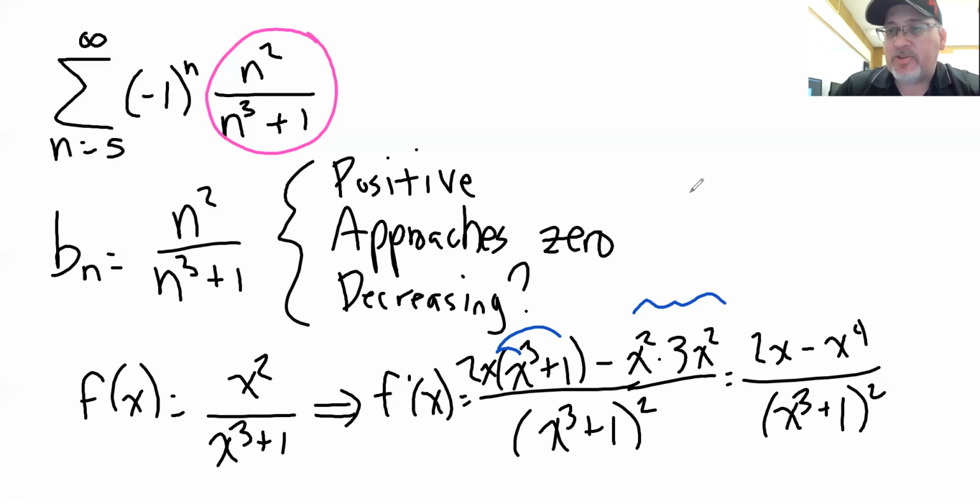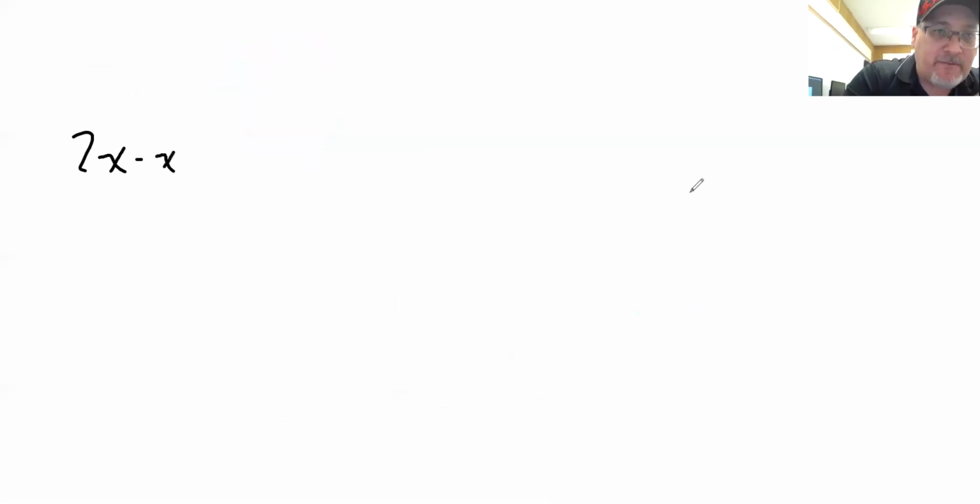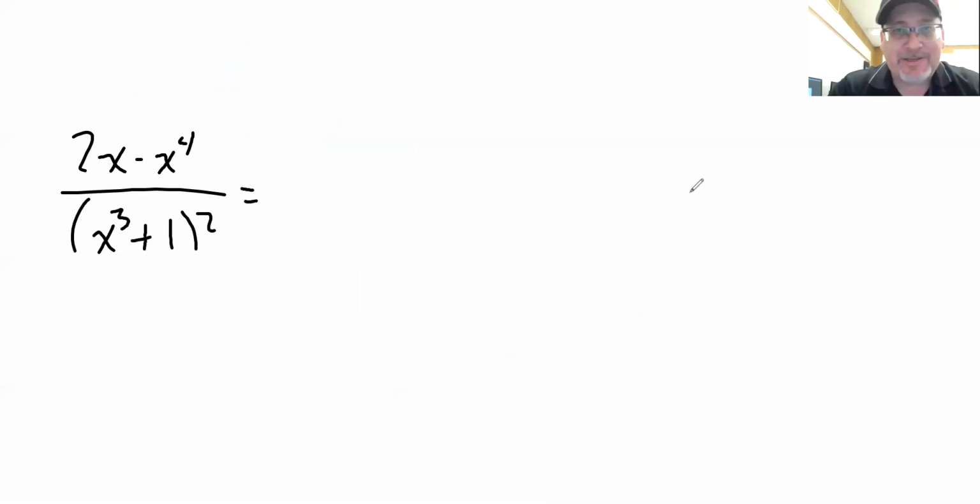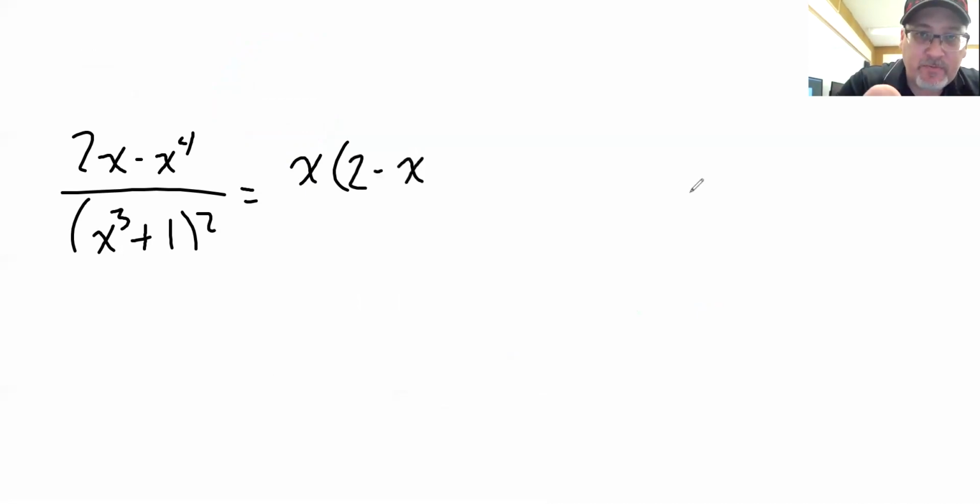And we need to know where this thing is positive or negative. Let's take it to the next page. 2x minus x to the fourth over (x cubed plus 1) squared. If we're going to figure out where this is positive or negative, we need to first figure out where it's zero. So let's factor an x out of the numerator and get 2 minus x cubed over (x cubed plus 1) squared.